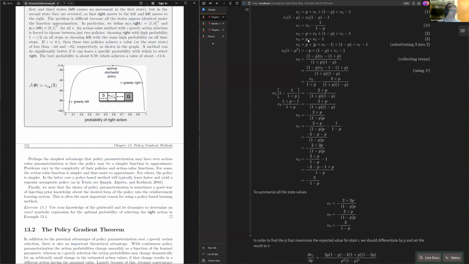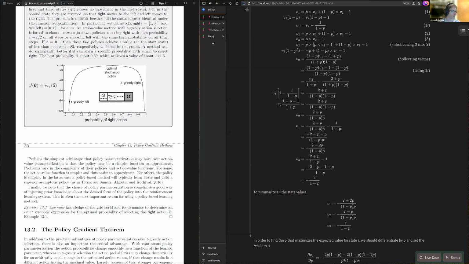So we can then substitute this expression for V3 into equation 2. If we do that, then we get rid of the dependence of V2 on V3 in this expression.